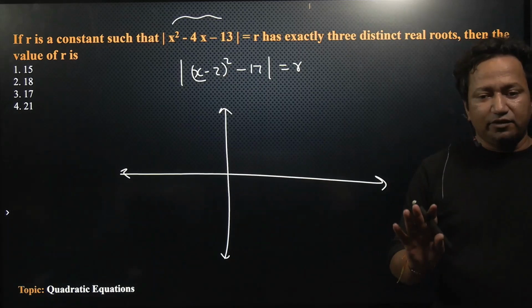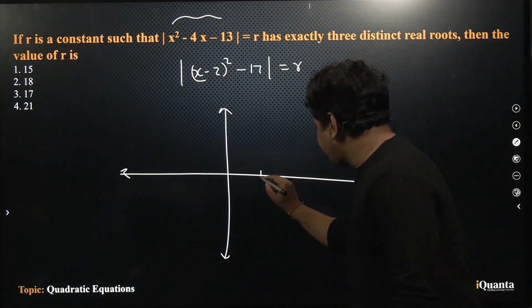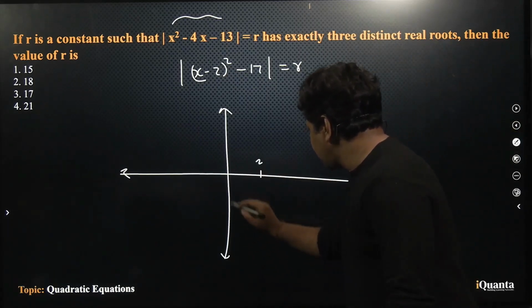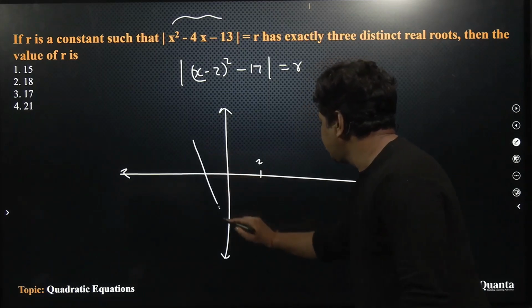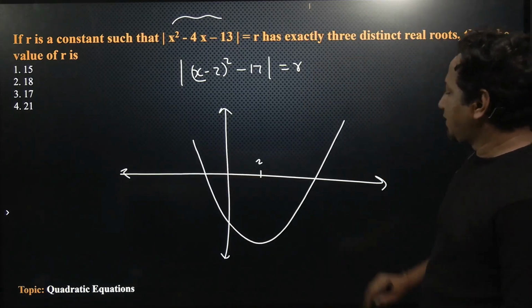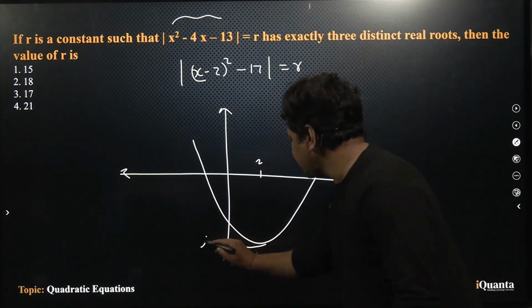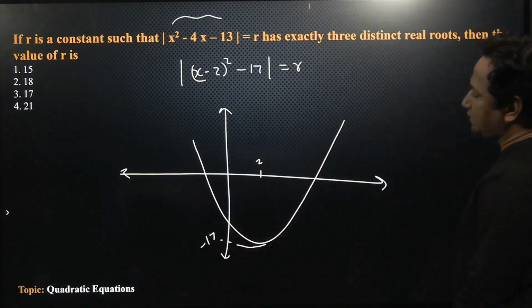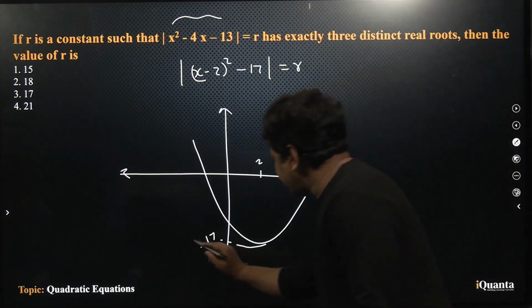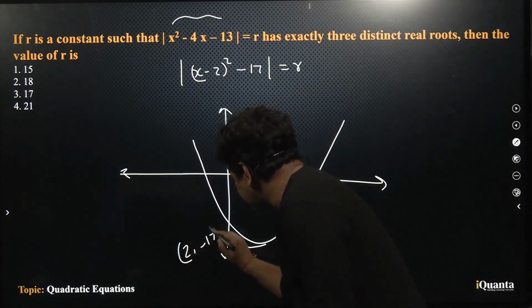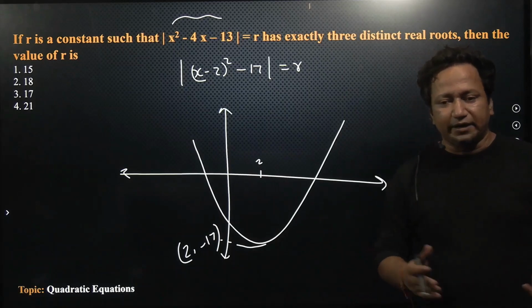If I consider this as 2, the graph will be something like this, where this point is nothing but minus 17, right? I can write the coordinate of this as 2 comma minus 17. This is what we have obtained.